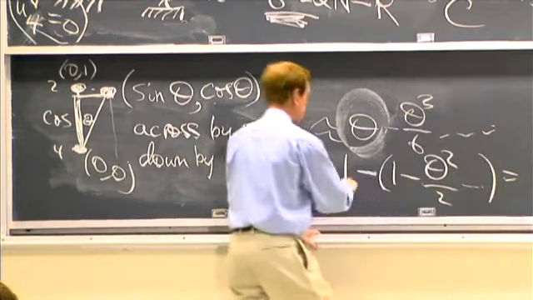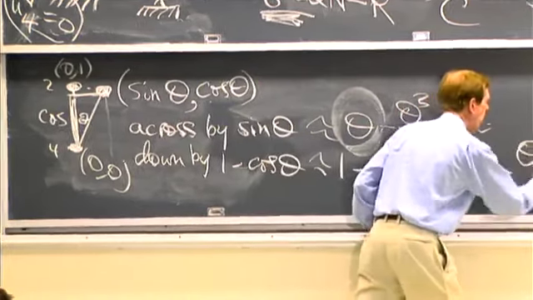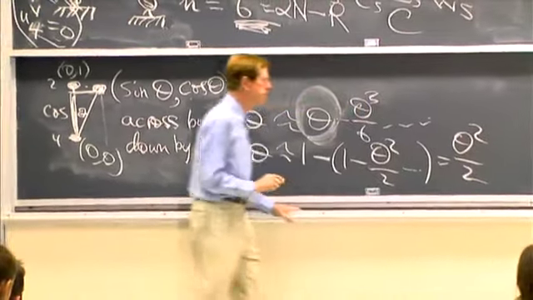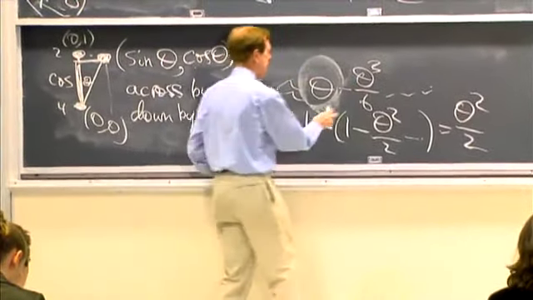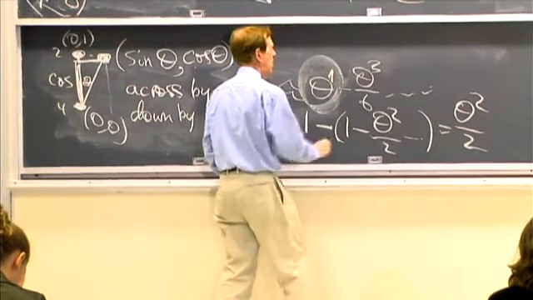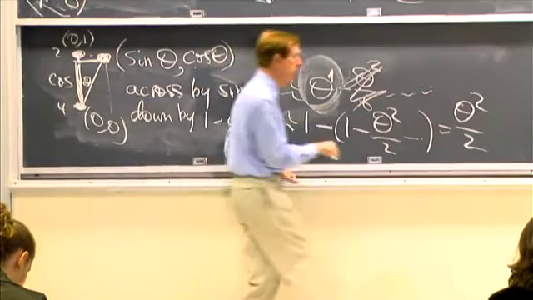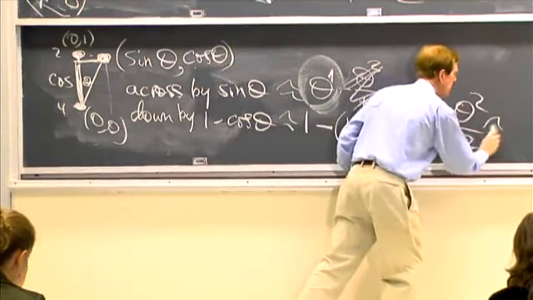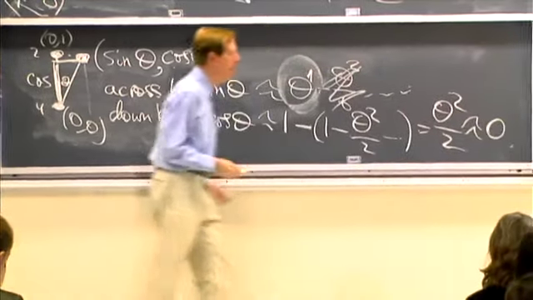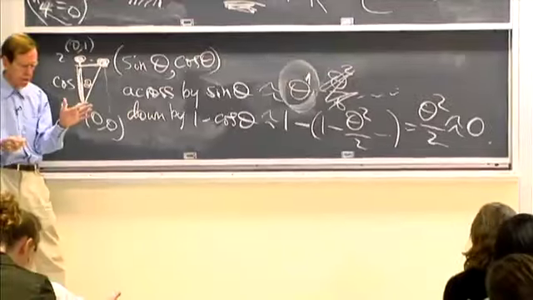So the 1's cancel as we expect, and I'm getting theta squared over 2. So here was theta to the first power. Theta cubed we didn't care about, and we don't care about theta squared. So that's why it's 0, because it's a second order movement, right?